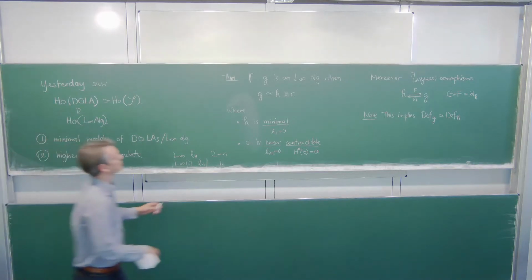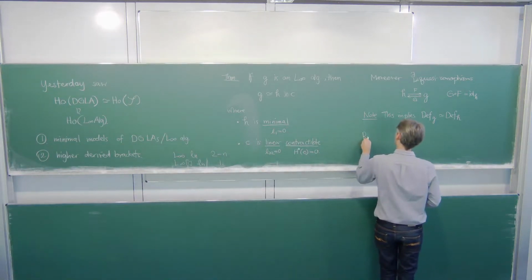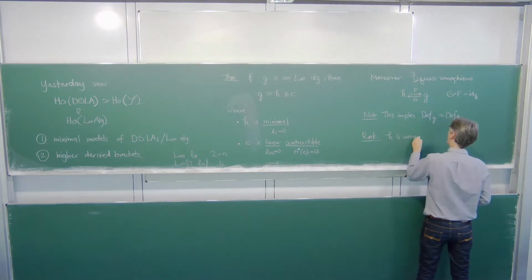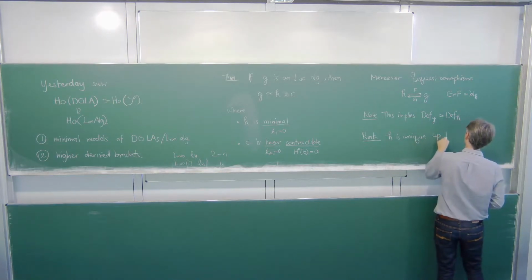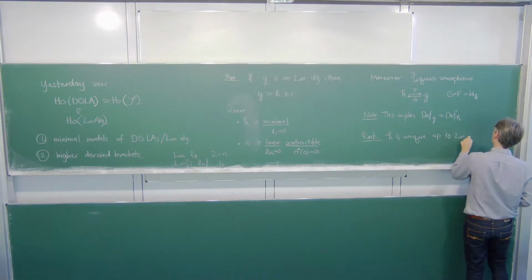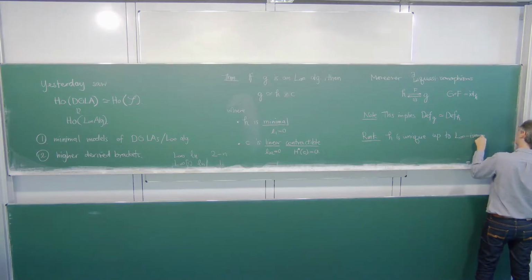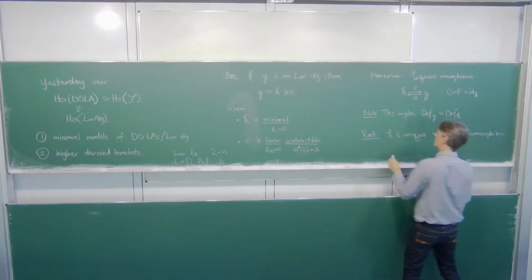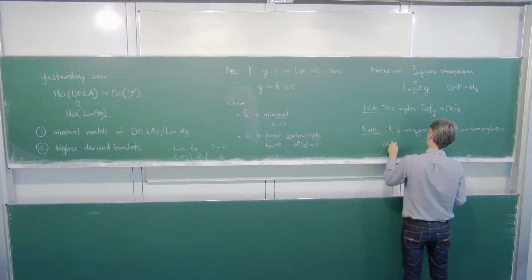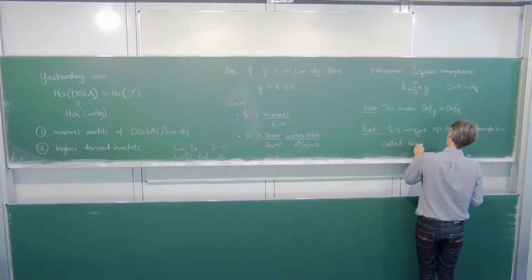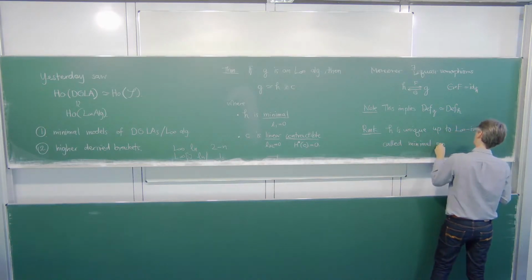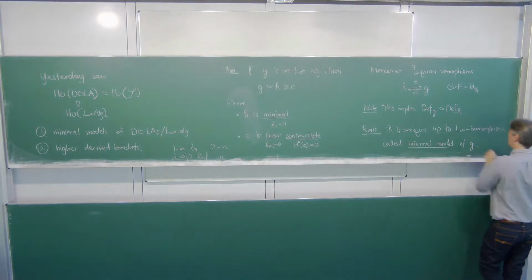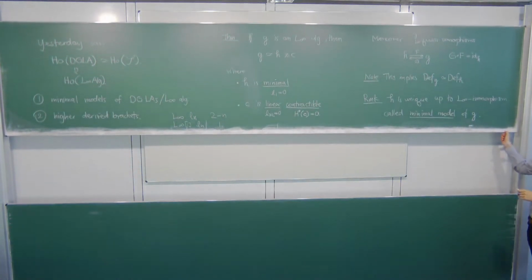And so H is unique up to L infinity isomorphism, and it's called the minimal model of G. Is it canonically unique?